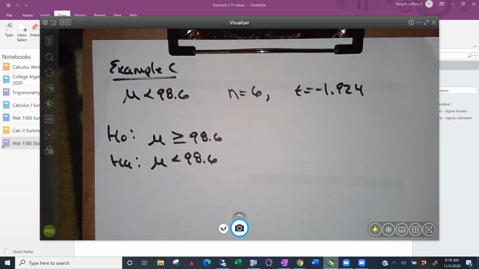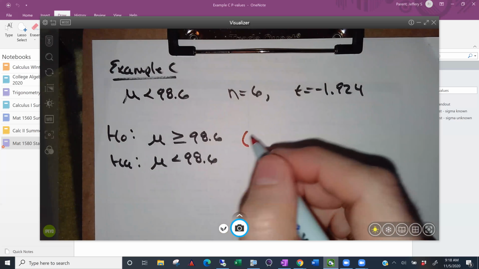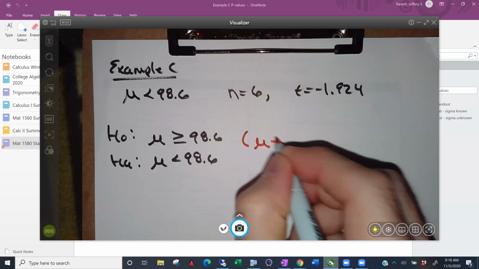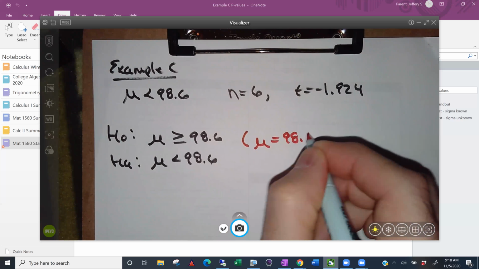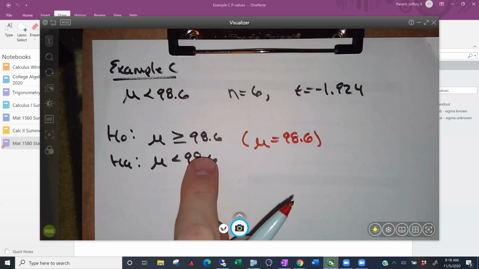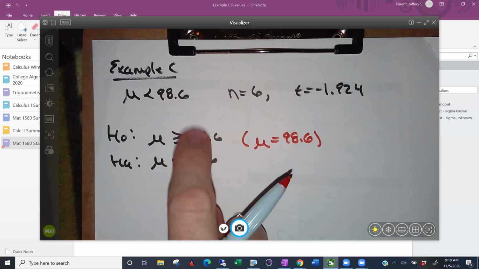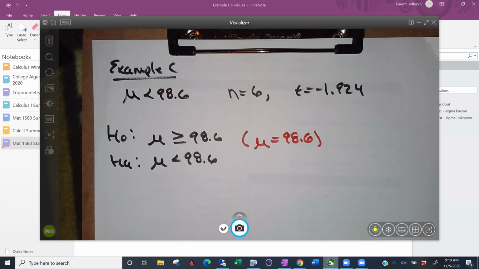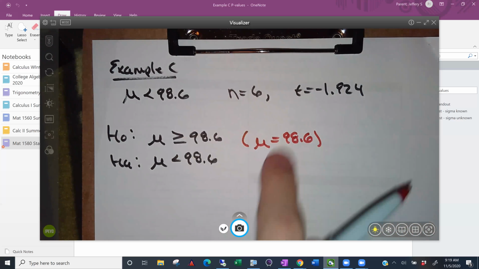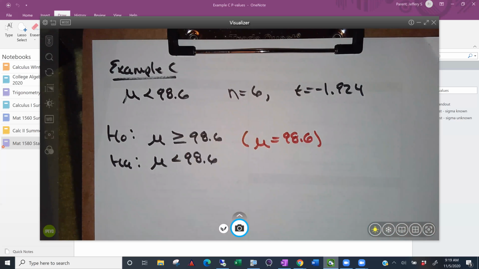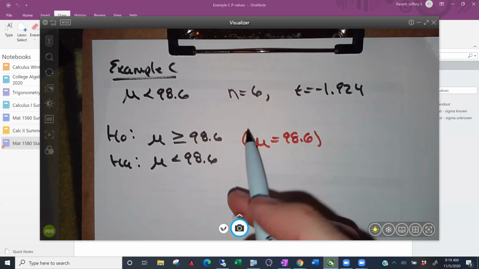Now keep in mind that MyMathLab will probably just regard this as mu equals 98.6. I like doing this. I think it's a little bit more user-friendly for you. And this is what I'll accept on a test. I mean, I'll accept either one, to be honest. But just so you know, that's probably what MyMathLab is going to expect.